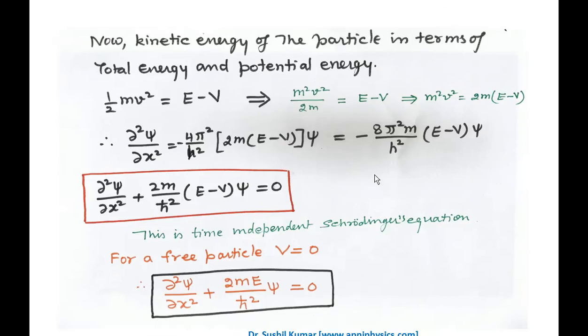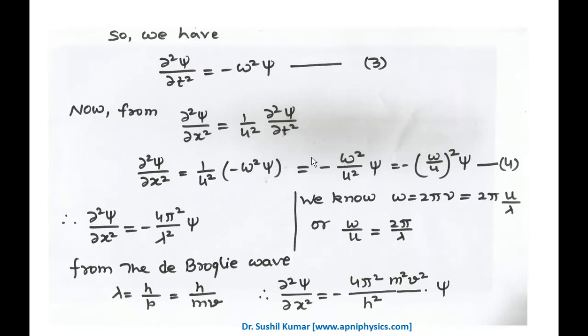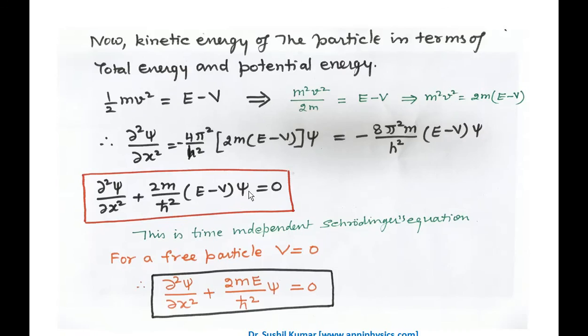Now I am introducing the concept of total energy, kinetic energy and potential energy, because at one place in this equation I have observed this m square v square, right? So in the next slide I will define this m square v square. So we know that kinetic energy is equal to the difference between the total energy and the potential energy.